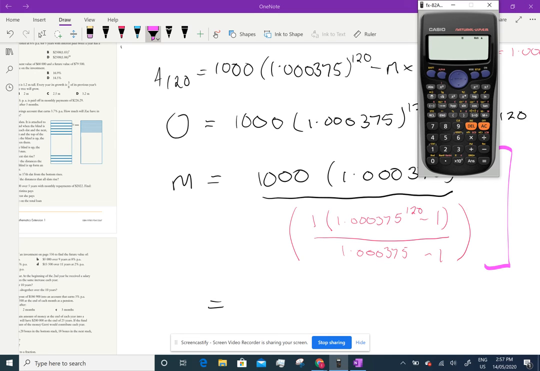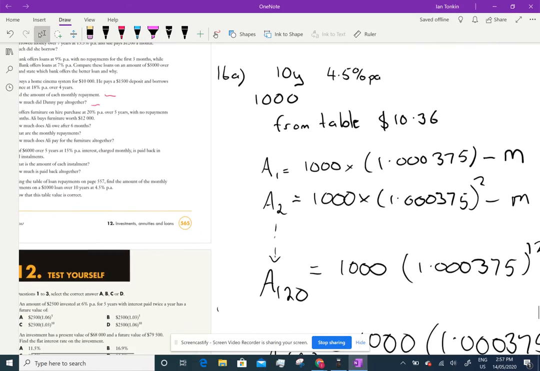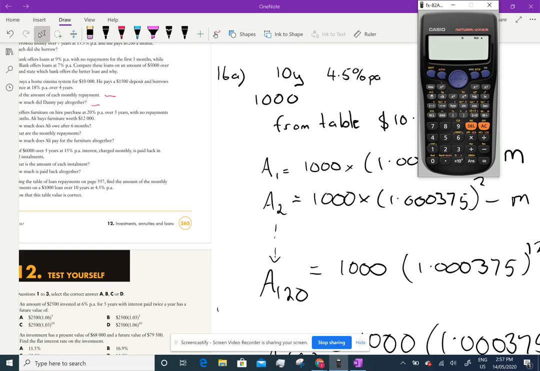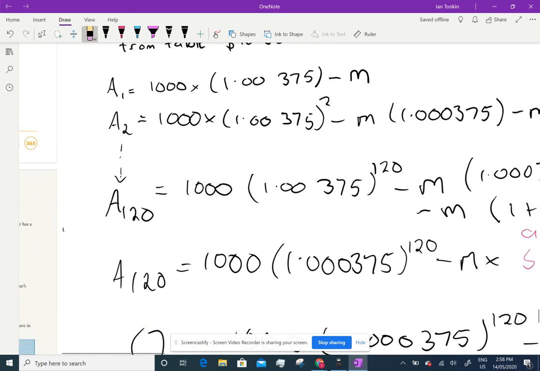It is 4.5%, isn't it? Let's just double check I've got that right. 4.5 divided by 12 divided by 100. Oh, it's only one 0. Okay. So all the way through here, I have to take a 0 out.